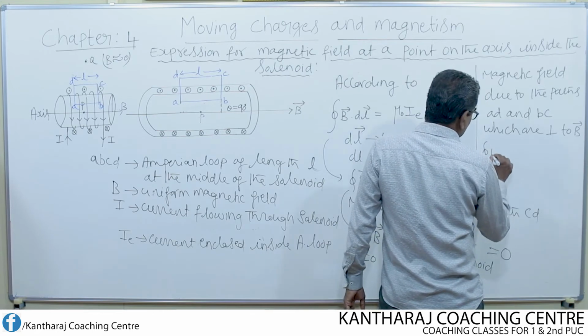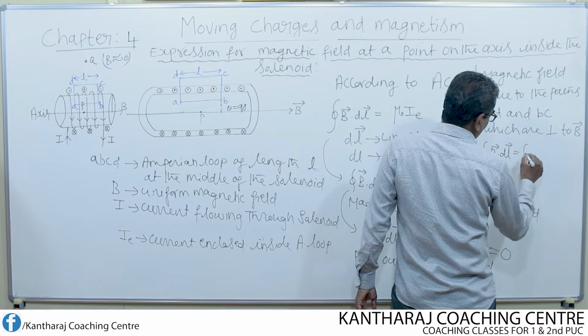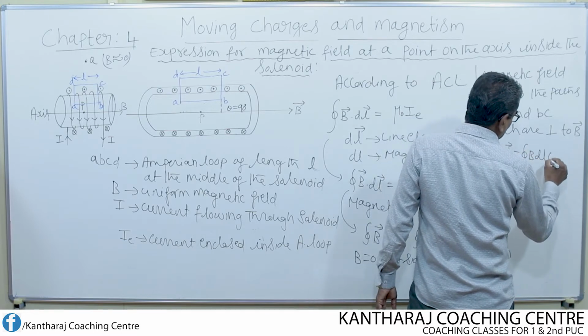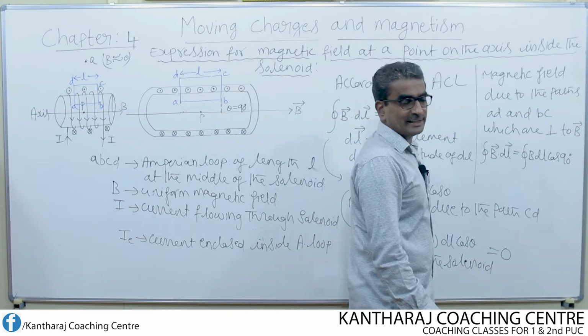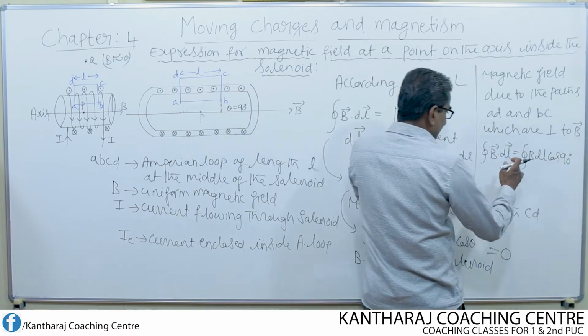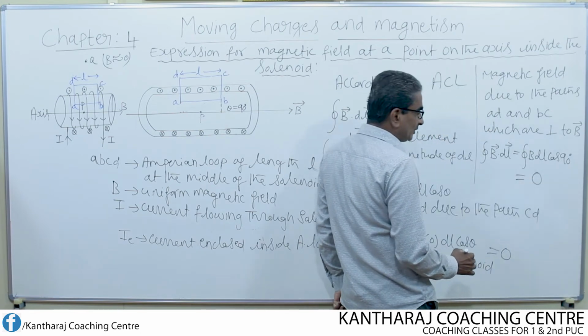Again I write the equation B dot dl equal to B into dl into cos 90, because theta is equal to 90 degrees. What is cos 90? 0. So once again this also turns out to be equal to 0.